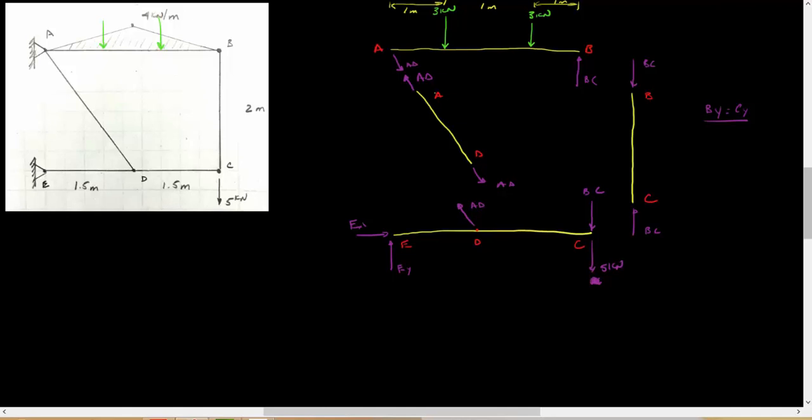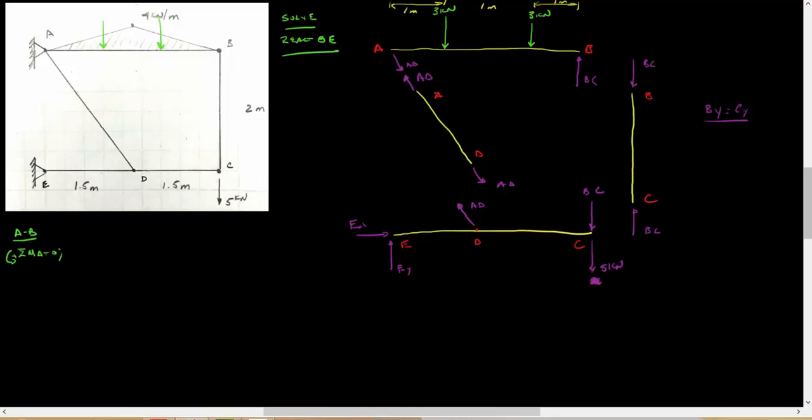Okay, and what we're asked to do is to solve for the reaction at E. So by looking at member AB, I can sum my moment about point A. And this is how I'm thinking I'm going to tackle this problem. If I sum my moment about point A, I will get BC.